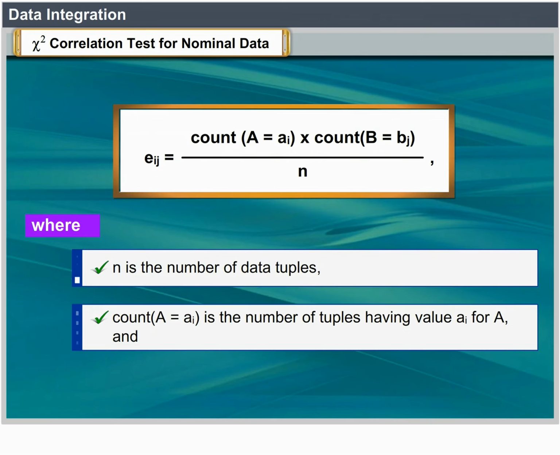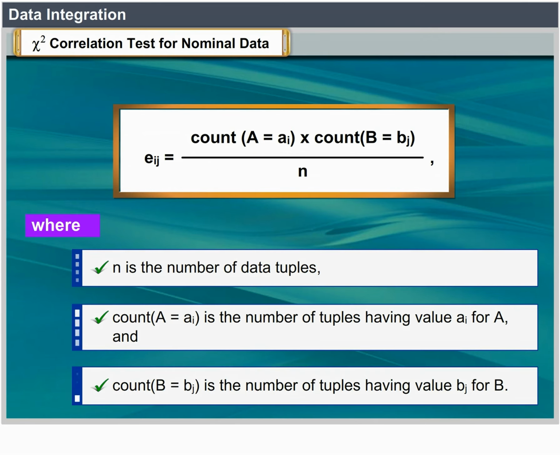Count(A equals ai) is the number of tuples having value ai for A, and count(B equals bj) is the number of tuples having value bj for B.